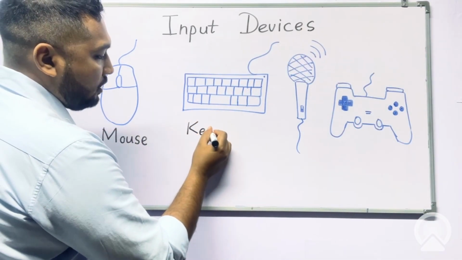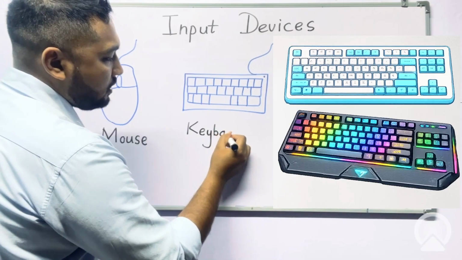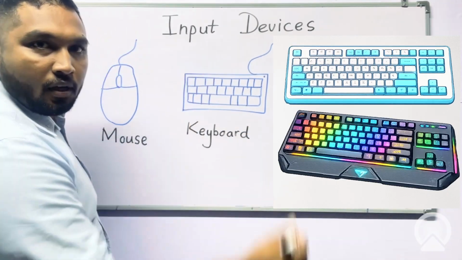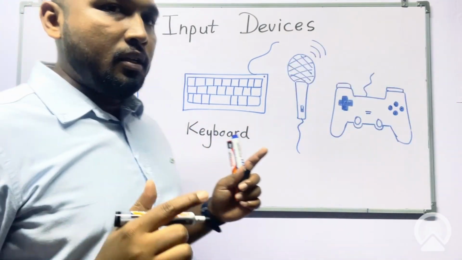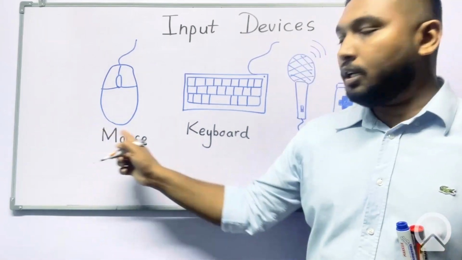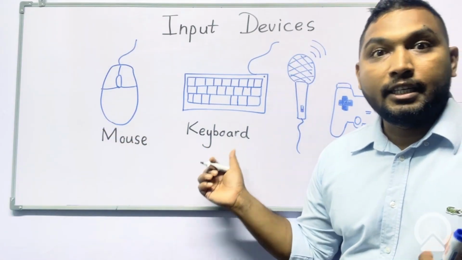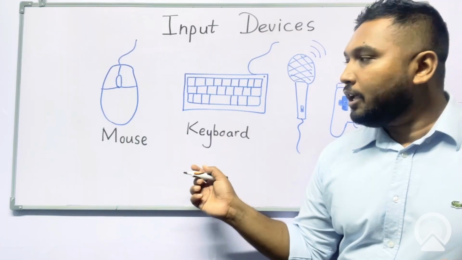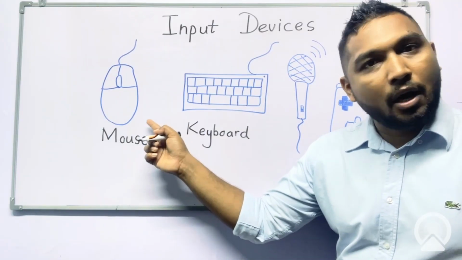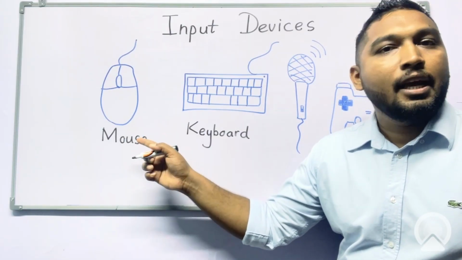Then we have the other major input device, that is keyboard. Okay, so when we compare this mouse and keyboard, there is some problem. Who is the leader of input devices? Okay, so most of the time people think it's mouse, but unfortunately it's not mouse.